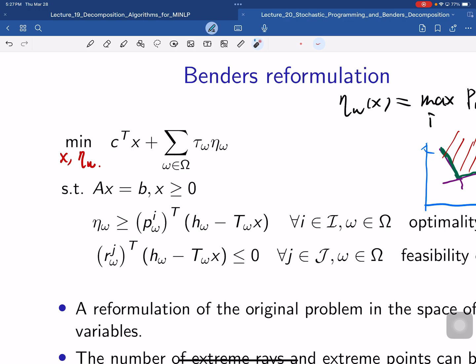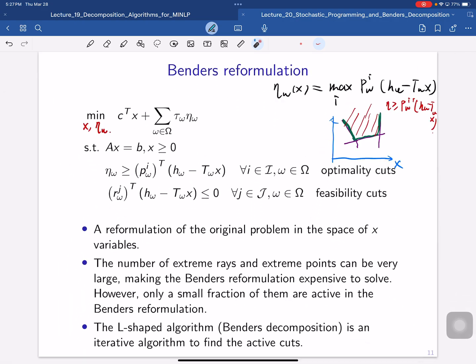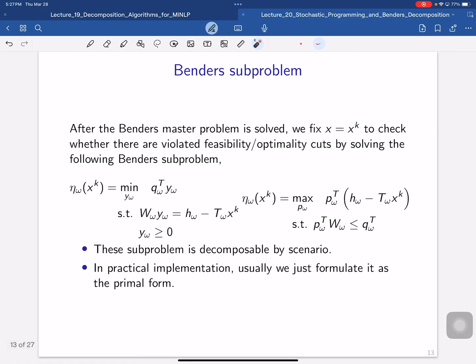So it's like a cutting plane type of method. Once you find they are violated by solving the linear programming subproblem, then you add them back. Each time you solve the linear programming subproblem, you will hit an extreme point or an extreme ray, and then you add them back to the master problem. The master problem then will give you a new solution. You can keep iterating between the master problem and the subproblems.